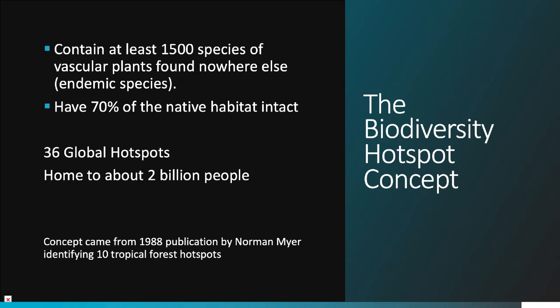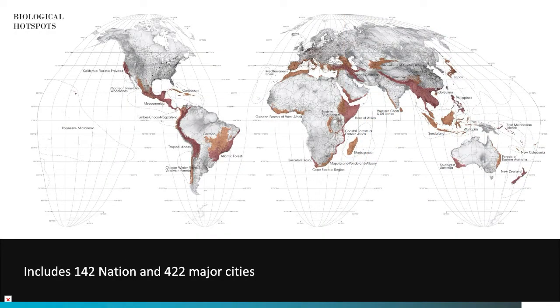The overall concept of biodiversity hotspots came from a 1988 publication by Norman Meyer, looking at 10 tropical forest hotspots, but it has expanded over the last 3 decades to incorporate a range of ecosystems across all the continents except Antarctica. As you can see in this image, there are biodiversity hotspots all over the world.